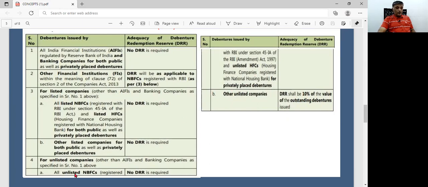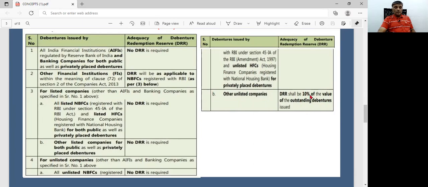Even if you are an unlisted NBFC registered with the RBI under 45(1)(a) of the RBI Act, or an unlisted housing finance company, you don't have a problem. But for other unlisted companies, which means those not registered with the RBI or other housing finance companies, you need to create a DRR to the extent of 10% of the value of the outstanding debentures issued. This percentage is very important.